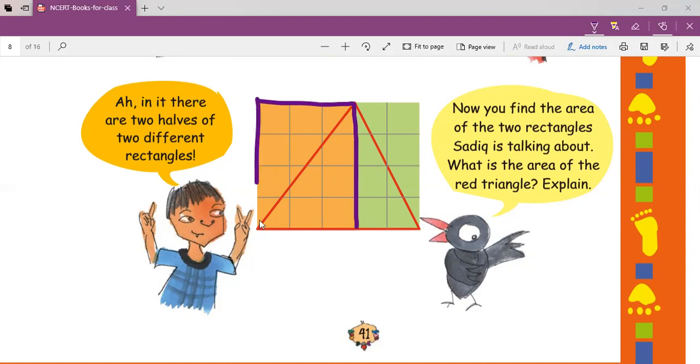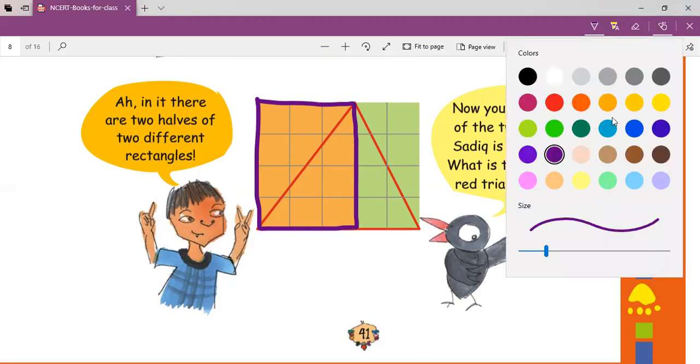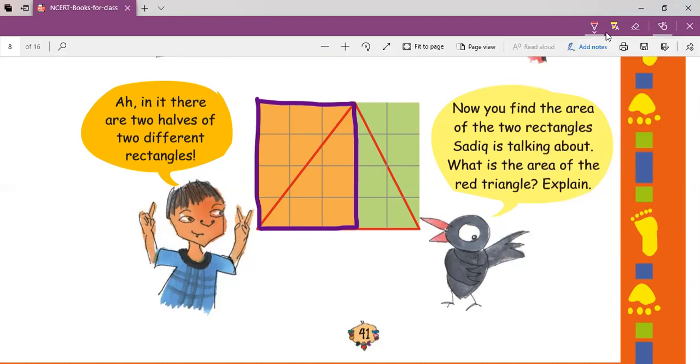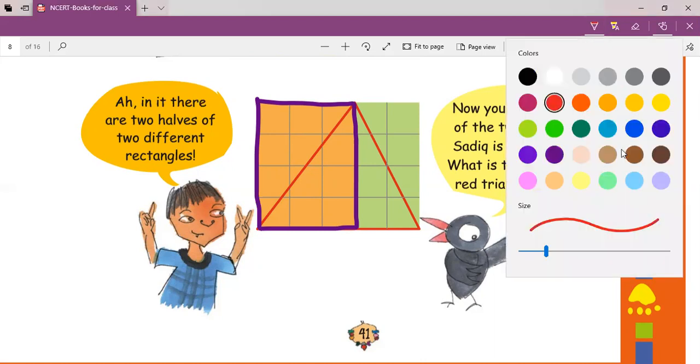Yes. Can you see? This is one rectangle. And which color should I take? Red one? No, the red triangle is already there. So I'll take the green one.